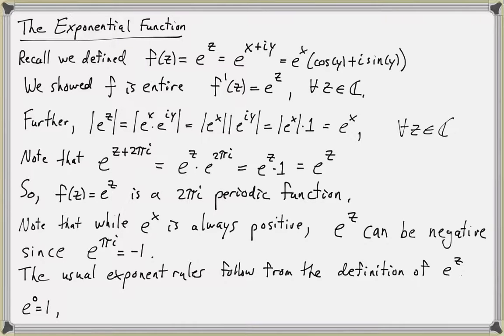If you have e to a sum, z1 plus z2, we can break this up as e to the z1 times e to the z2. 1 over e to the z is the same as e to the minus z. e to the z1 over e to the z2 is equal to e to the z1 minus z2.